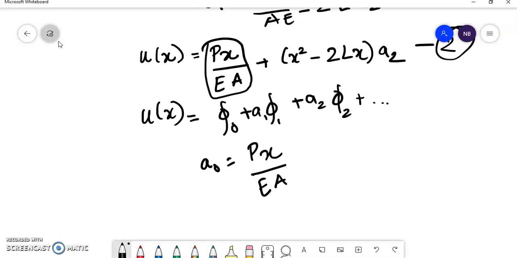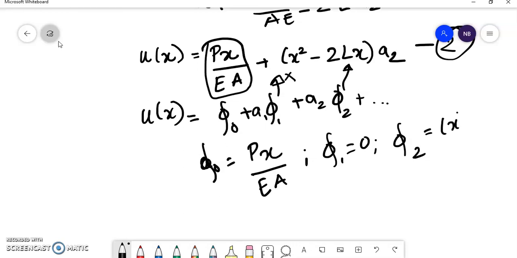For phi 1, there is no a1 term here to compare it with, so phi 1 will be 0. Phi 2 will have the coefficient of a2 in equation 2, so phi 2 will be equal to x² minus 2Lx.